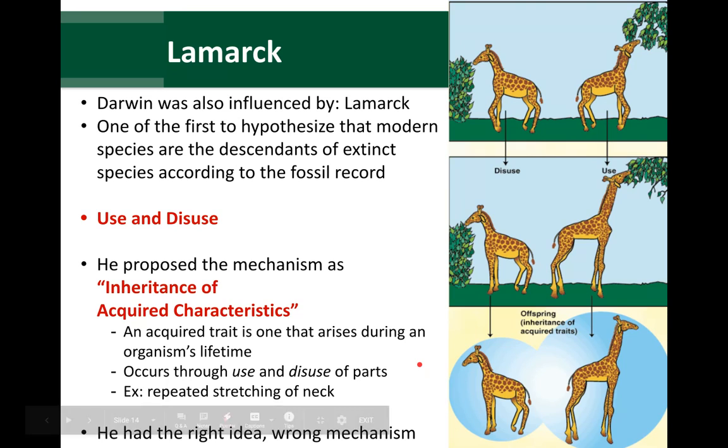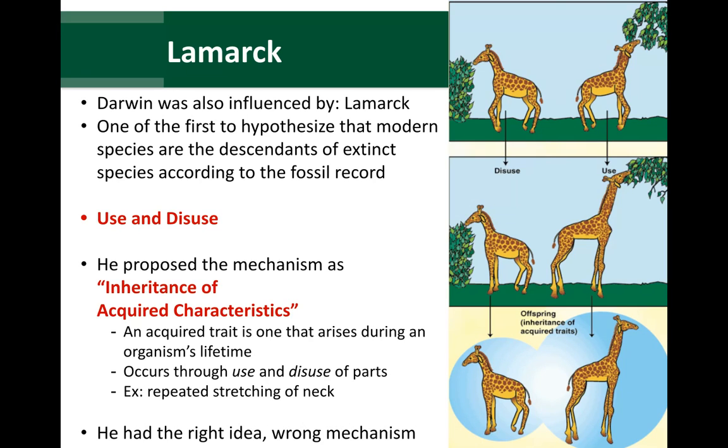So, although this was a proposed idea of how life changes over time, the mechanism is incorrect. I mean, he has a good idea, or the right idea, but not necessarily the correct way in which it occurs.